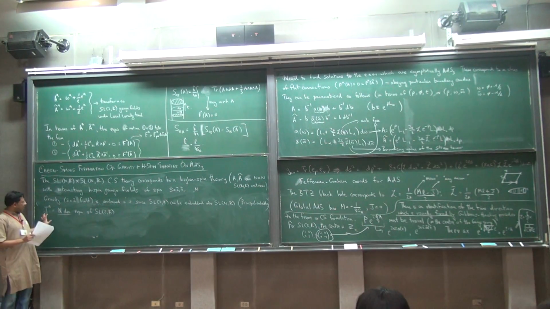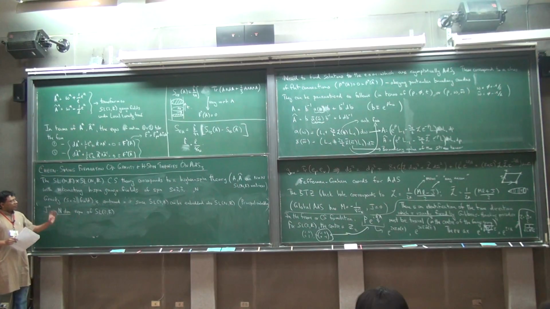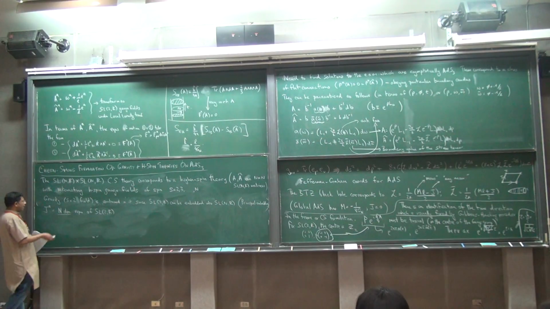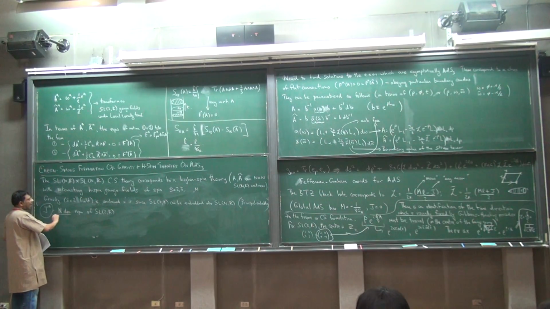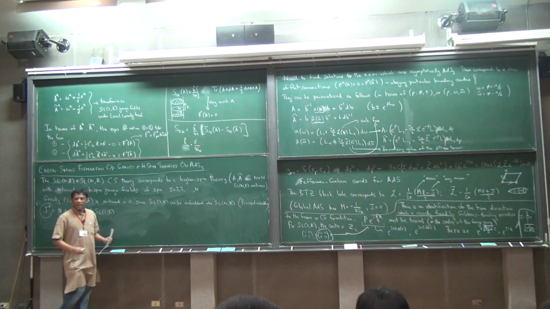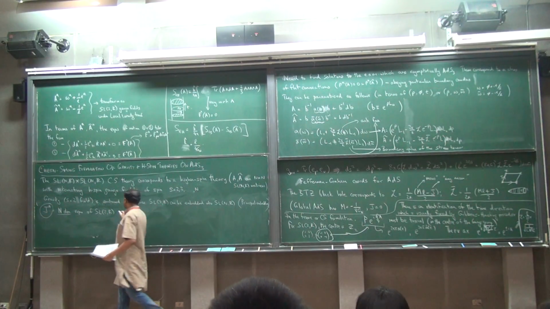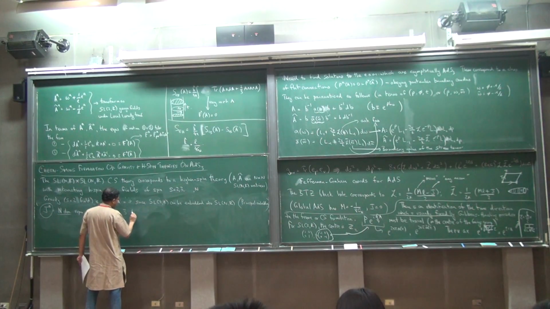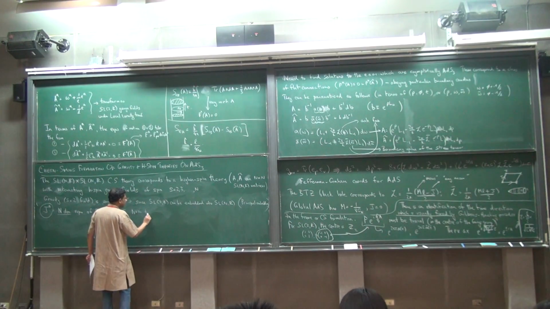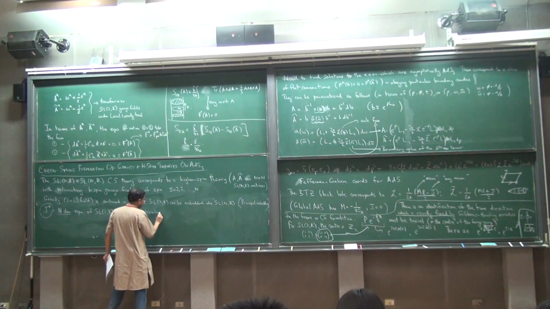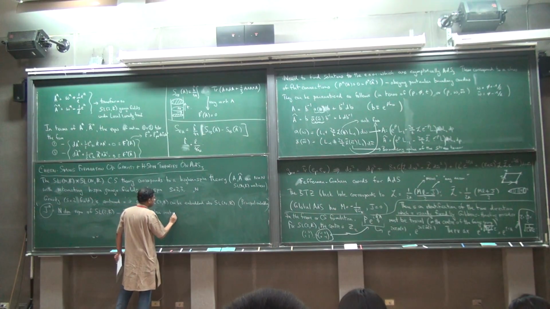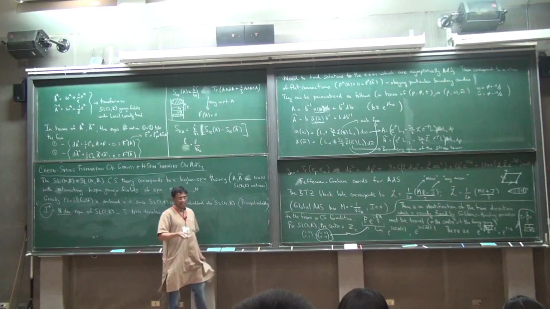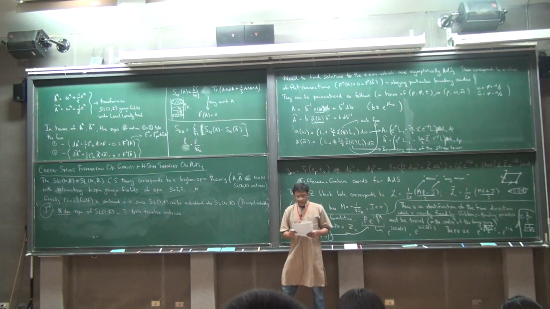So the way in which you do this embedding is to consider the n-dimensional representation of SL2R, which are n by n traceless matrices, because they are SL2R generators.